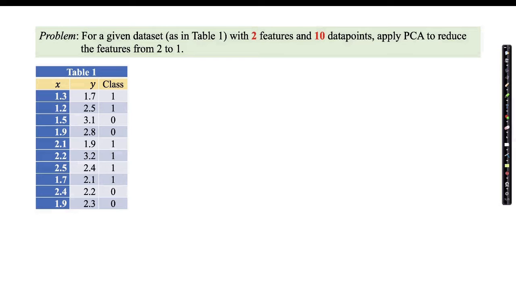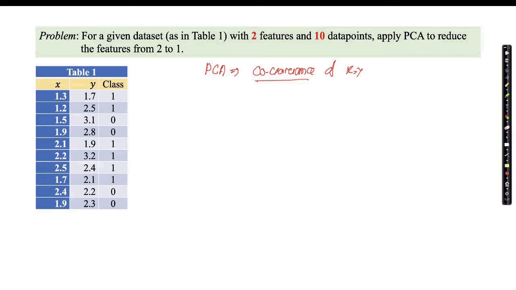In order to apply PCA, we have to find the covariance of each of the features x and y. The covariance is a statistical tool used for revealing the relationship between any two features in the dataset.